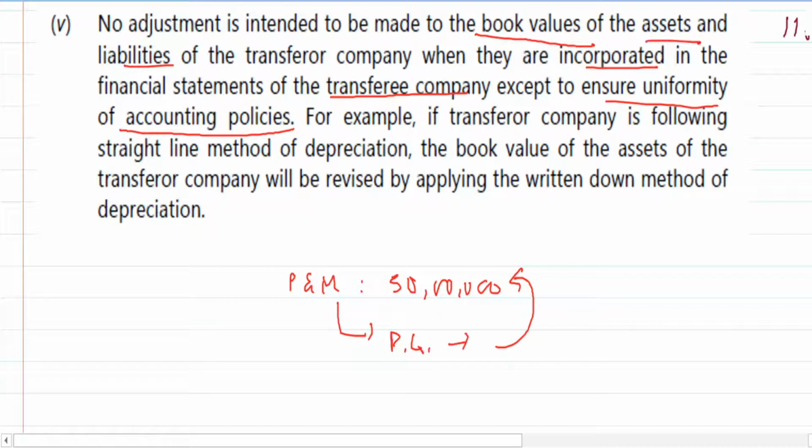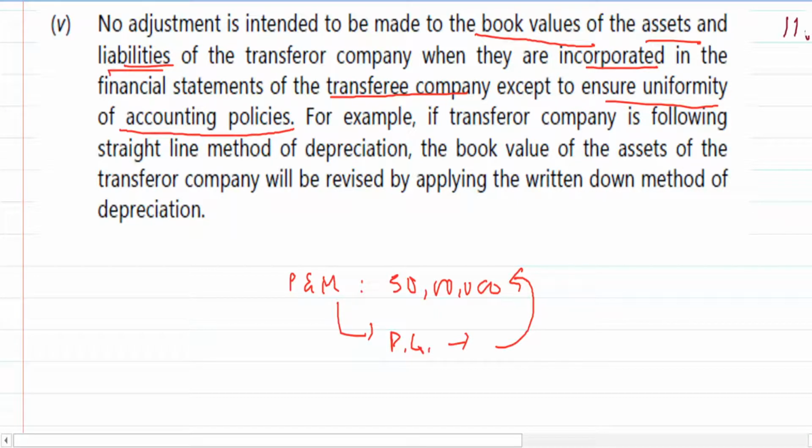Not only the assets, even the liabilities. Every asset, every liability. So condition number one, every asset is to be taken over, every liability is to be taken over. And now if I read it with condition number five, every asset and every liability that you have taken over, you should record it in the books of the purchasing company at their book values.